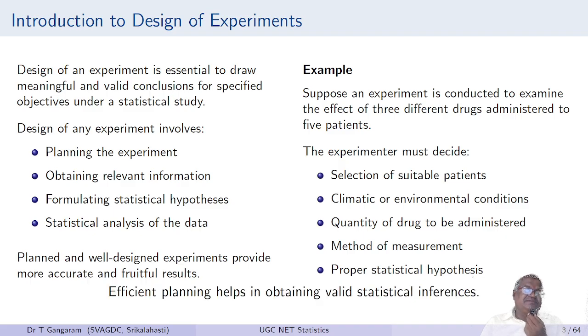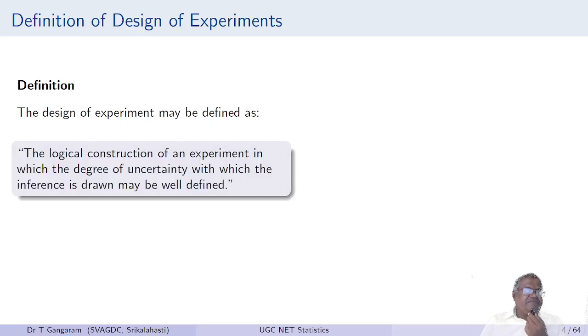Efficient planning helps in obtaining valid statistical inferences. The definition is: a logical construction of an experiment in which the degree of uncertainty with which the inference is drawn may be well defined.